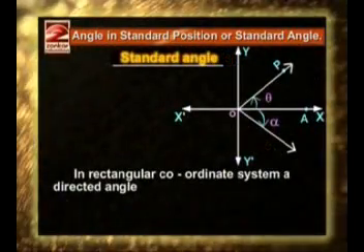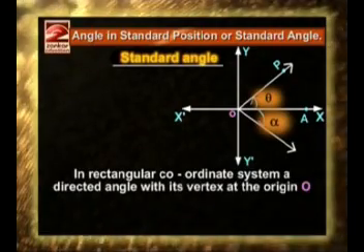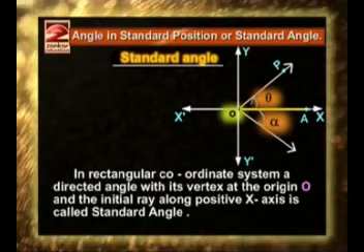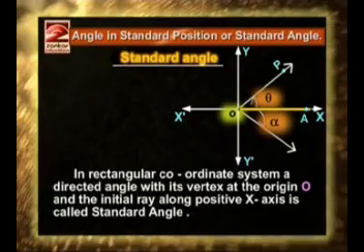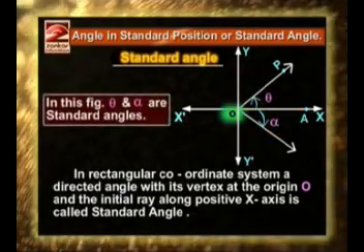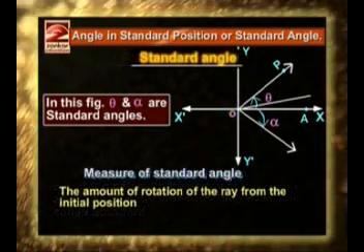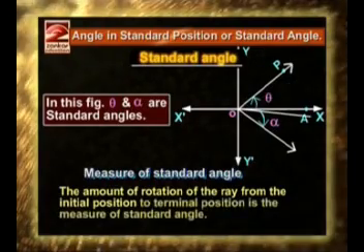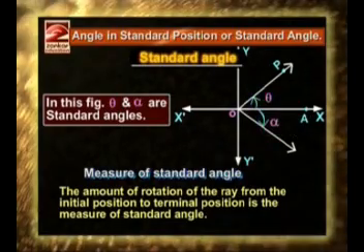In the rectangular coordinate system, a directed angle with its vertex at the origin O and the initial ray along the positive x-axis is the standard angle. So here the origin O is the vertex of the angle in standard position. The amount of rotation of the ray from the initial position to the terminal position is the measure of the standard angle.